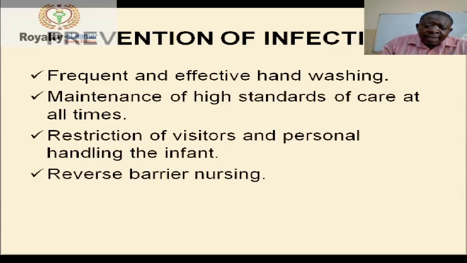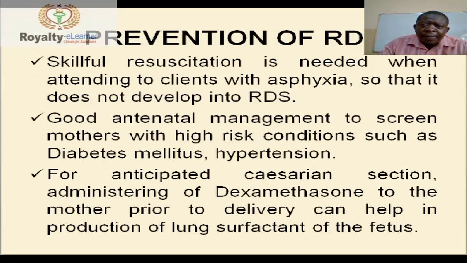So I've already stated that reverse barrier nursing here can be used, because the patient is prone to catching infection. So other skillful things like resuscitation is needed when attending to clients with asphyxia so that it does not develop into RDS.